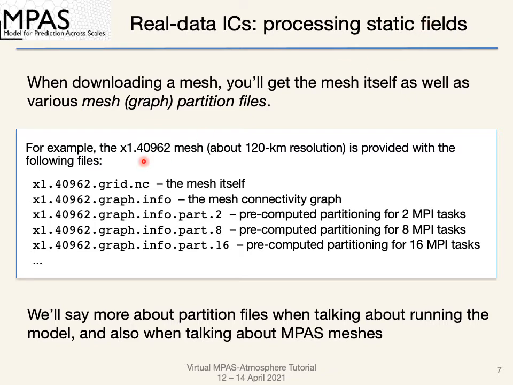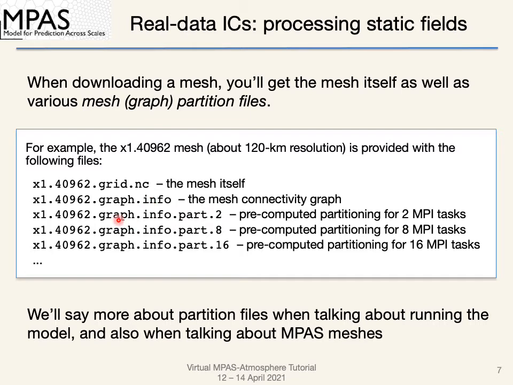So inside of one of these tar files, for example, the x1.40962 download, you might get files that look like the following. The file that's called grid.nc is a netCDF file that contains the actual grid or mesh itself. And then you get this graph.info file. This is a description of the mesh connectivity, which you can use to create your own mesh partition files.